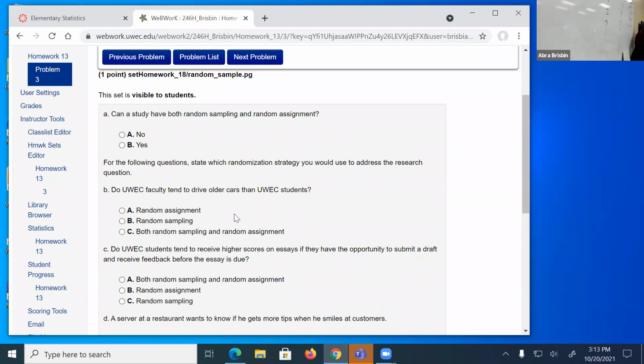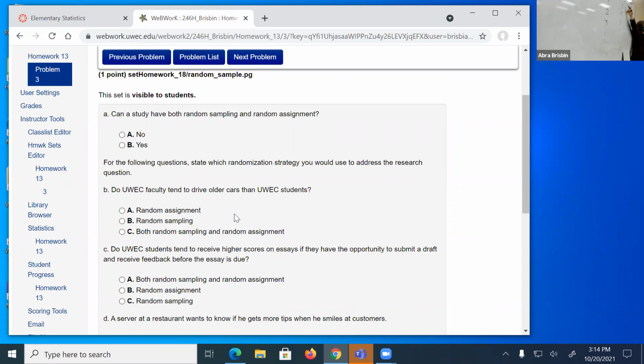As far as random assignment goes, which of these two variables is the explanatory variable? Faculty or student? Yeah, we're thinking about whether a person is student or faculty, whether that influences or explains how old their car is. So we're thinking about faculty versus student as being the explanatory variable.